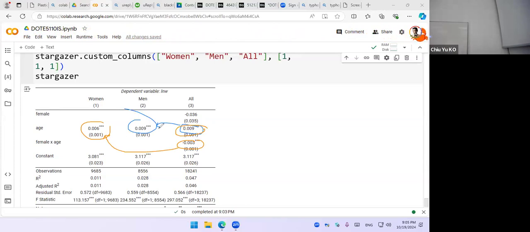Is that okay? Because how wages change with age is different for men and women. Men go faster. So that's why the interaction means that female grows 0.3% slower.